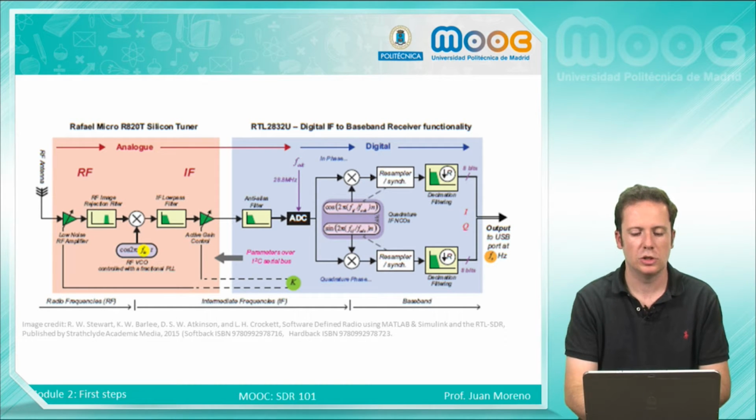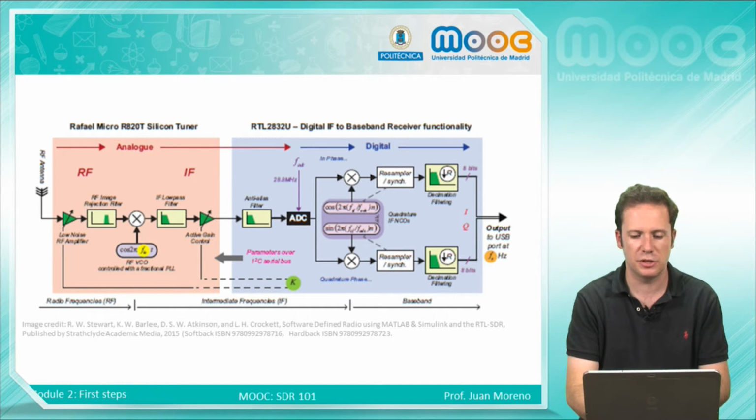Also, you will need to suppress certain bands in order to avoid some undesired frequencies getting into the system after the first frequency conversion. This was explained in more or less detail in the first module of this course.